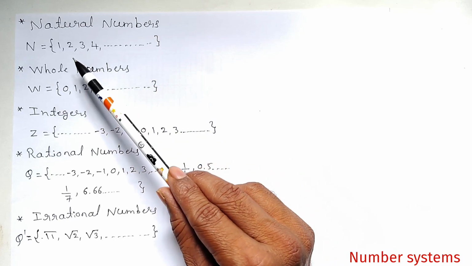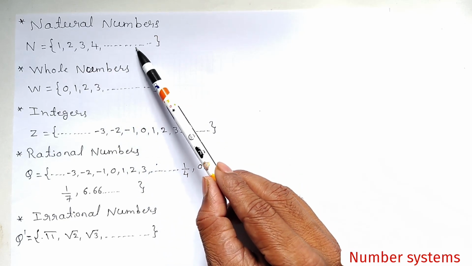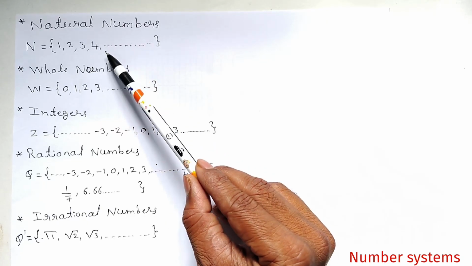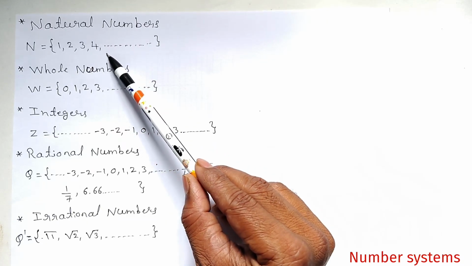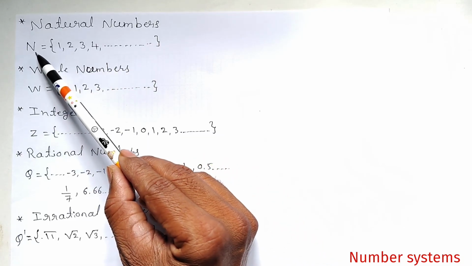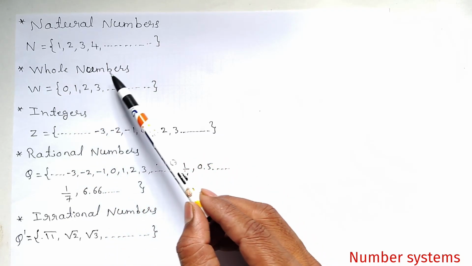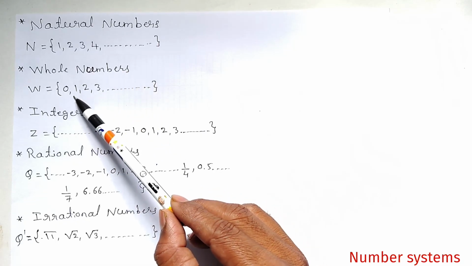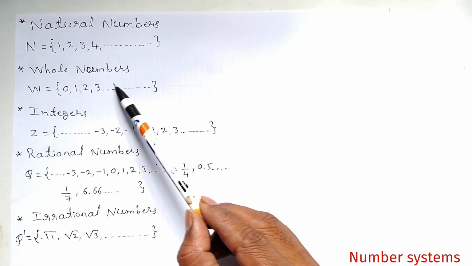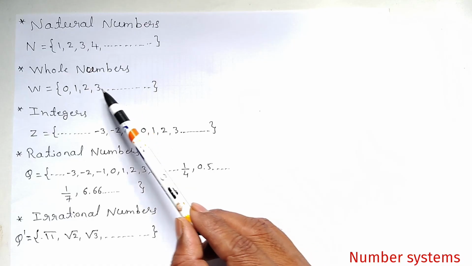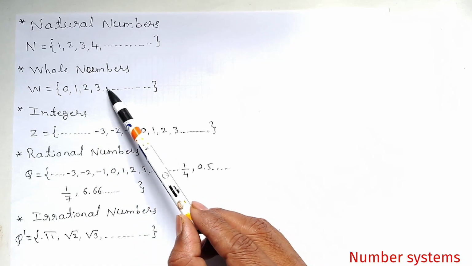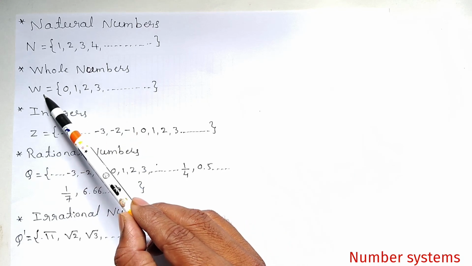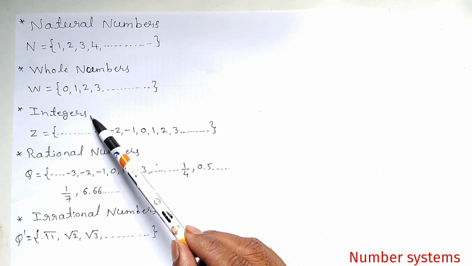Counting numbers from 1 to infinity, this group of numbers we call natural numbers, denoted by the alphabet N. The second one is whole numbers: counting numbers from 0 to infinity, this group of numbers we call whole numbers. These whole numbers are denoted by the alphabet W. The third one is integers.